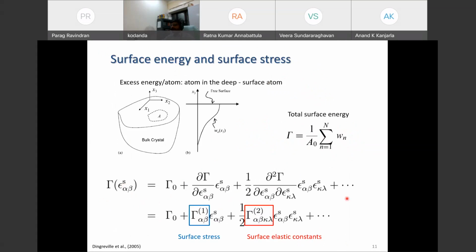If you expand it in a Taylor series, this is what we will see: the surface energy expanded as a function of the surface strains. Then we can identify that in the Taylor series expansion there is a surface stress initially. In addition to that, we can also see a second-order tensor coming up over here, which we can relate to the elastic tensor.